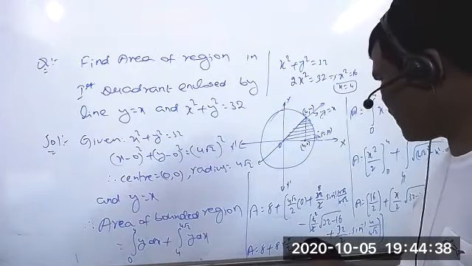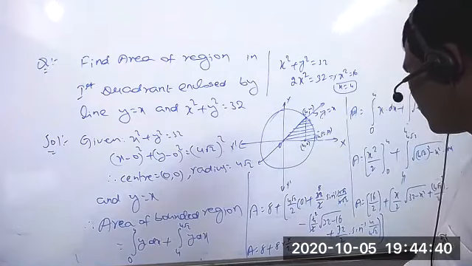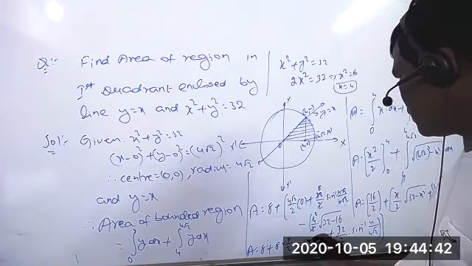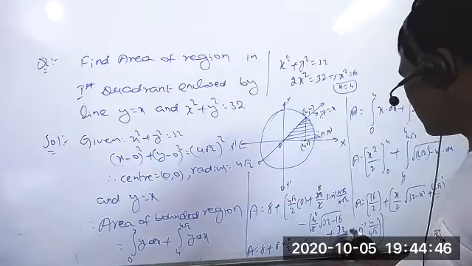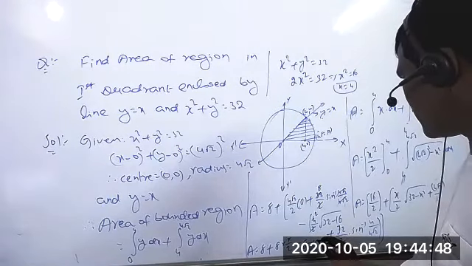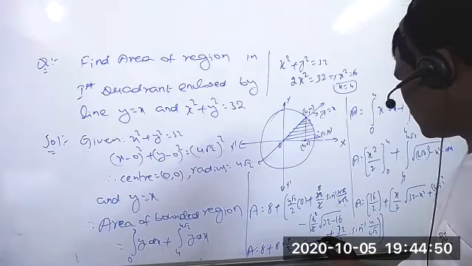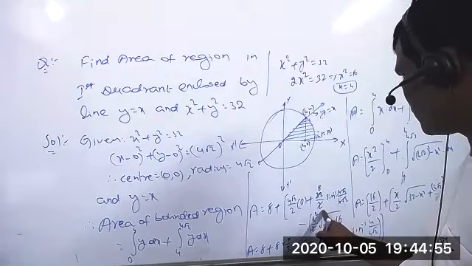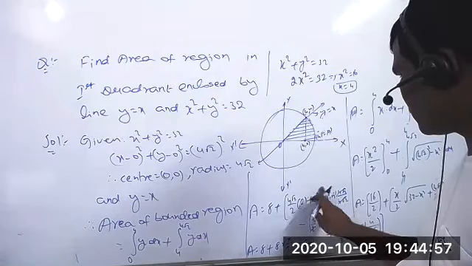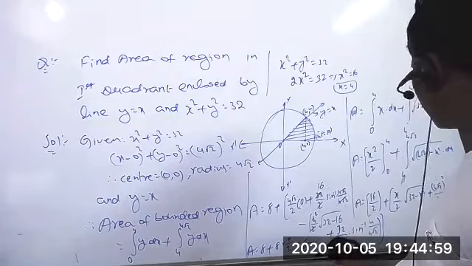8 into pi by 2 minus of 2. I think 8 will get. And plus into plus equal to minus 32 by 32 equal to 16. Sorry, this is the 16 only, na? Correct, it is the 16.